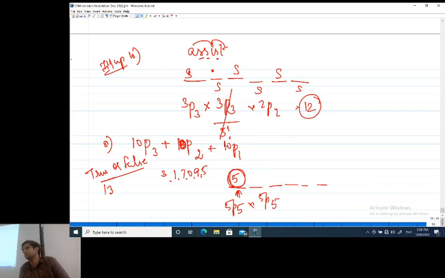What is 5 factorial? 120 into 120, 14400. The answer is 14,400. Next.